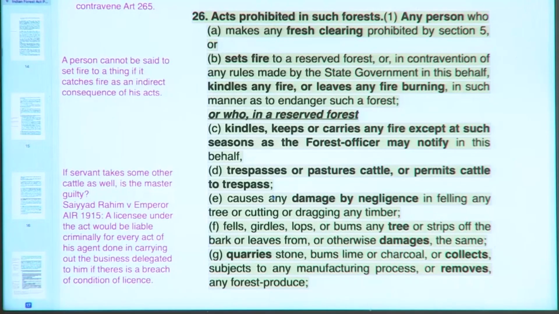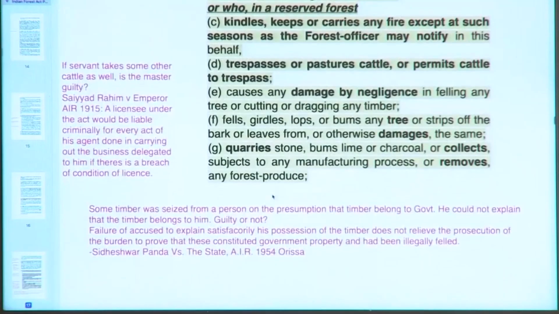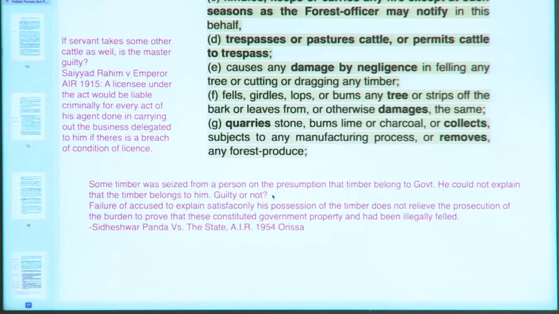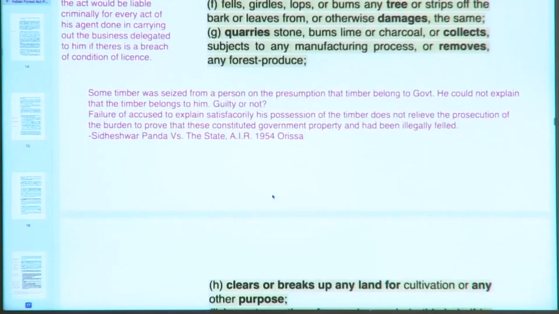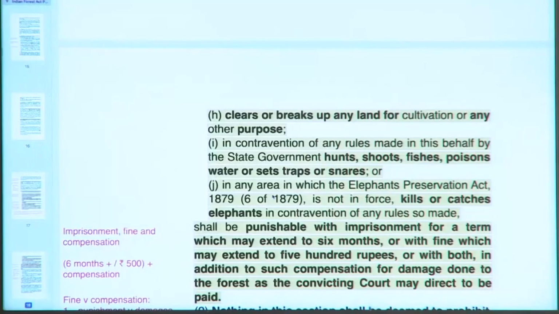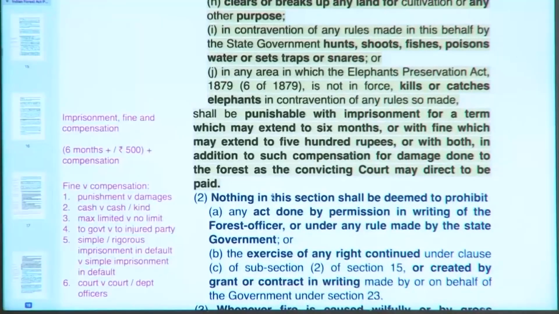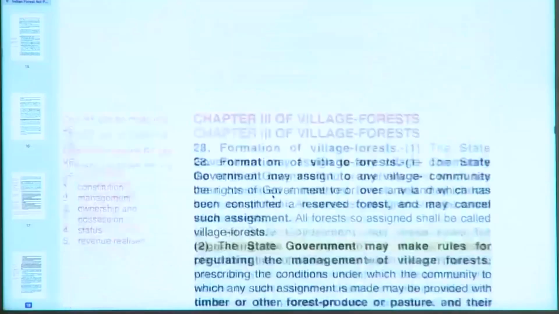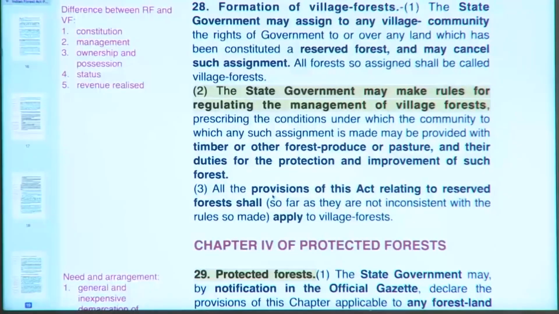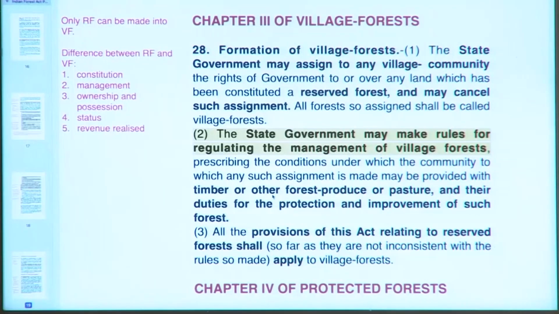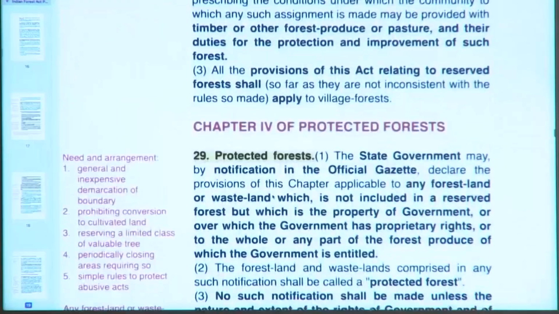Making a fresh clearing, setting fire, kindling any fire, leaving any fire burning, or trespassing, pasturing of cattle, damage by negligence, damage to trees, quarrying, collection, removal, breaking up or clearing of land for any purpose, hunting, shooting, fishing, poisoning water, setting traps or snares, killing or catching elephants, and so on. So, all these things are prohibited in a reserve forest. Next, we have village forests, and the state government may make rules for regulating the management of village forests.